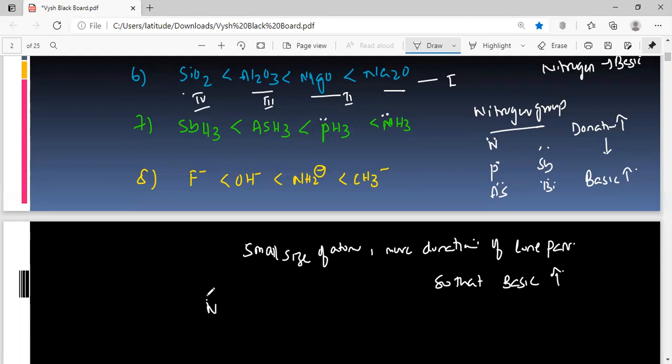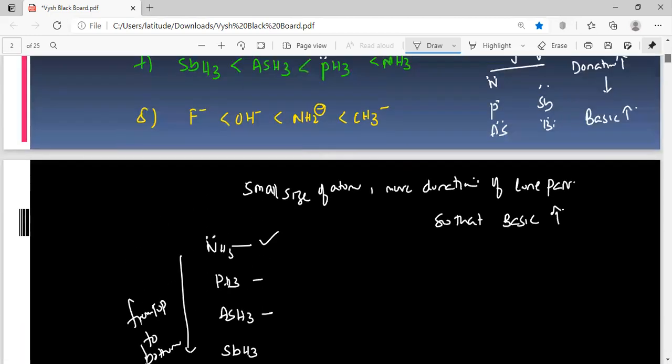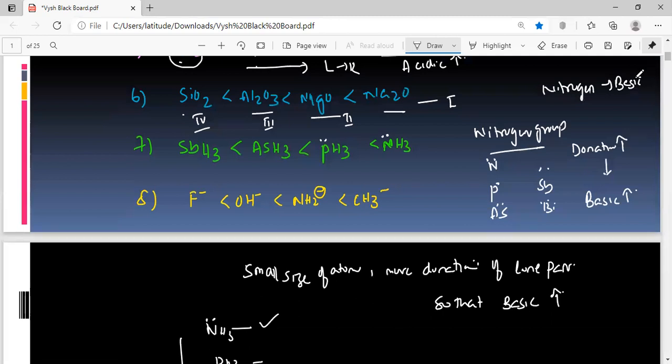Here we can say that ammonia has more basic character than PH3. Third one is arsenic hydride, and next one is antimony hydride. Basic character will decrease from top to bottom. From top to bottom, as the size increases, the donation capacity, the sharing of the lone pair, will decrease here.